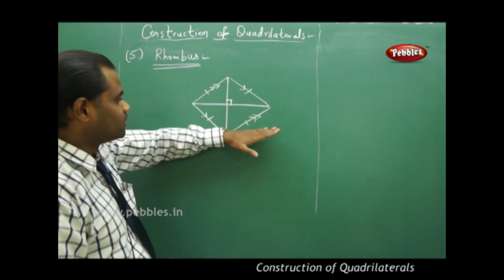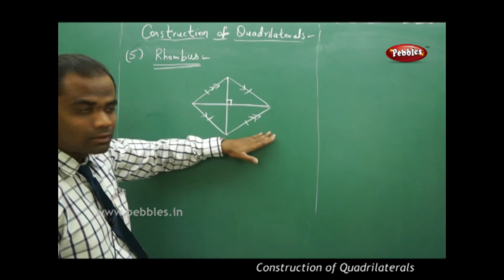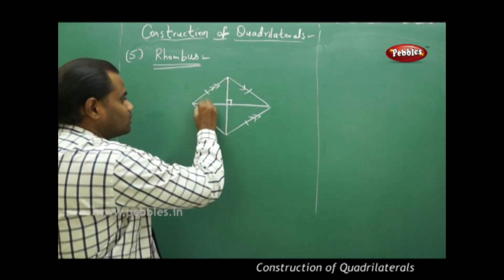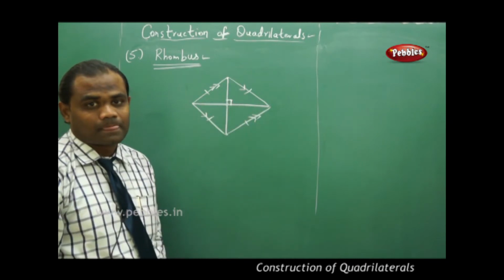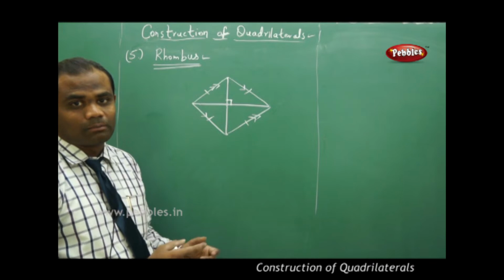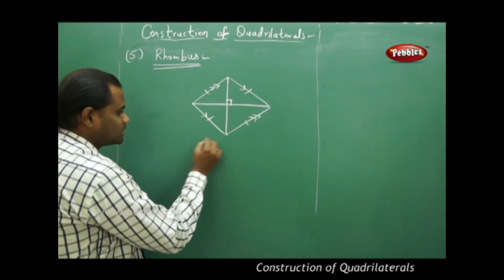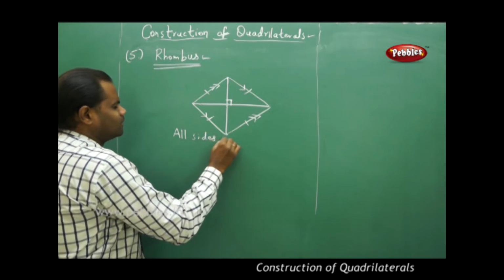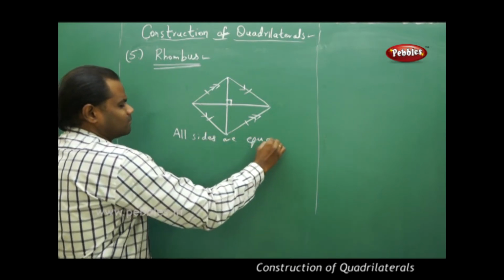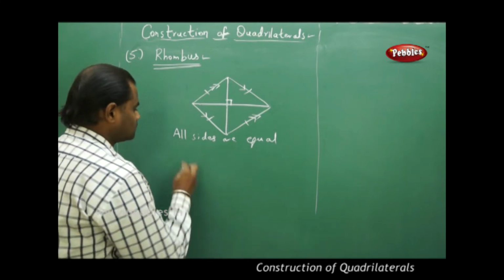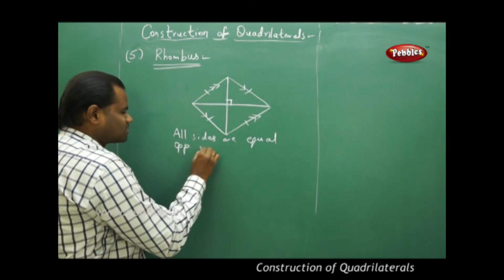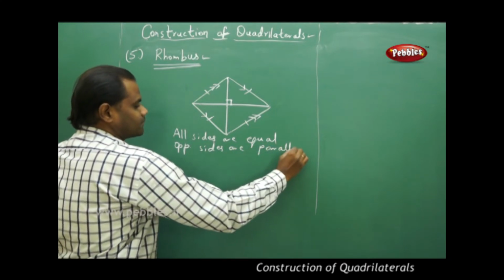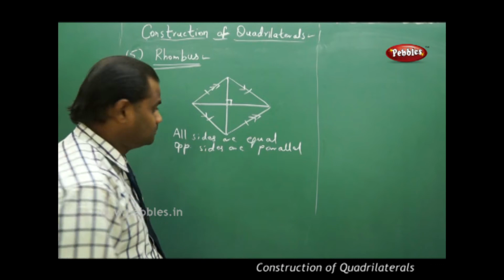So there is a possible four-sided figure which can be drawn with the diagonals being perpendicular and all sides equal, but each of the angle not being 90 degrees. That is how the property of a rhombus arises. So in case of this, let's write the properties. All sides are equal, as in case of a square. Opposite sides are parallel, as in case of a square.